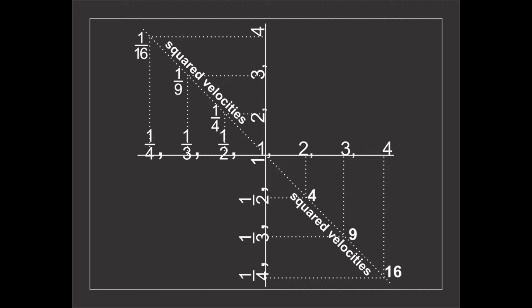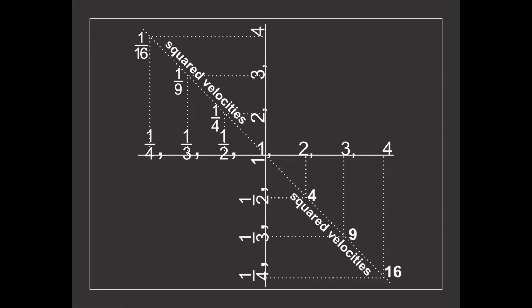If 2 is compared to 1/2, the ratio comparison is then defined as 2 divided by 1/2, which yields 4. And if 3 is compared to 1/3, then the ratio comparison is defined as 3 divided by 1/3, which yields 9.